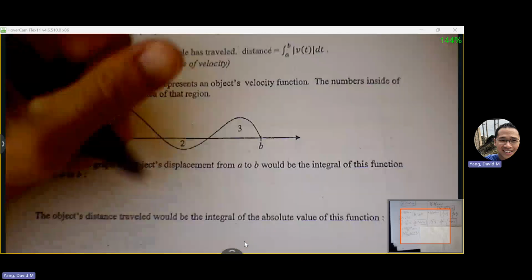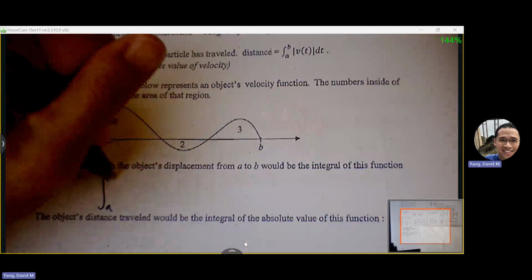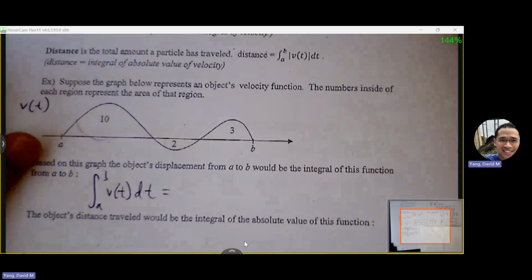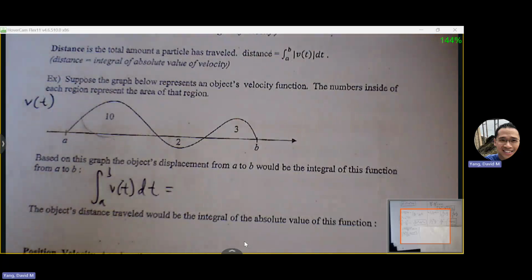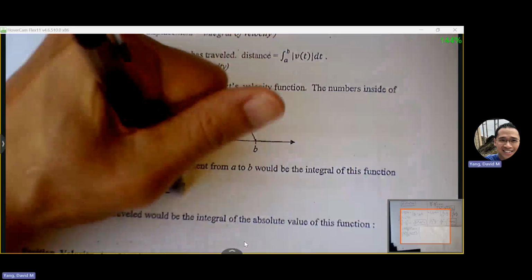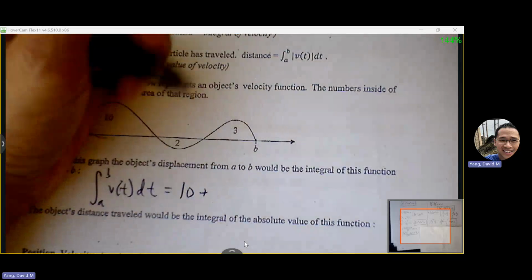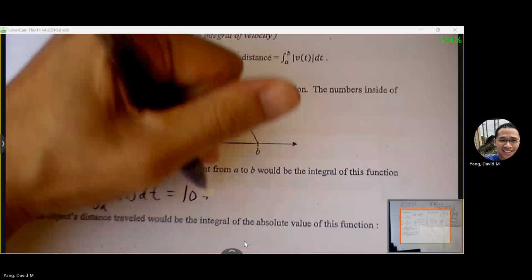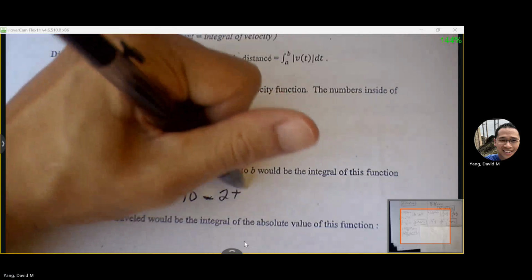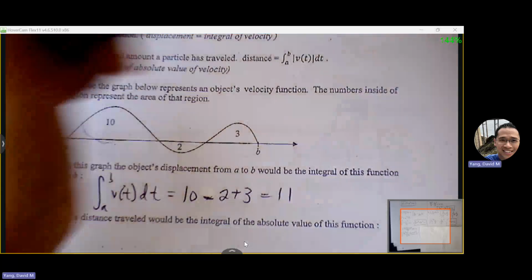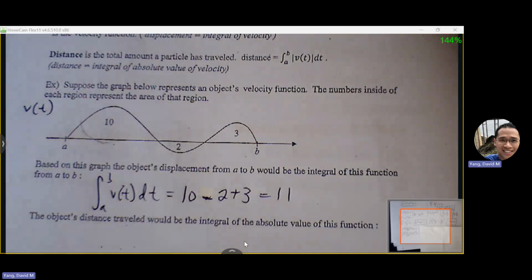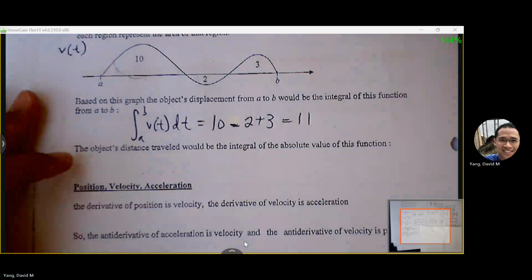So displacement, the integral from a to b of v of t, is simply keeping track of your positive and negative signs. Where is this object going to end up after it moves left and right with these numbers? Sorry, negative 2.